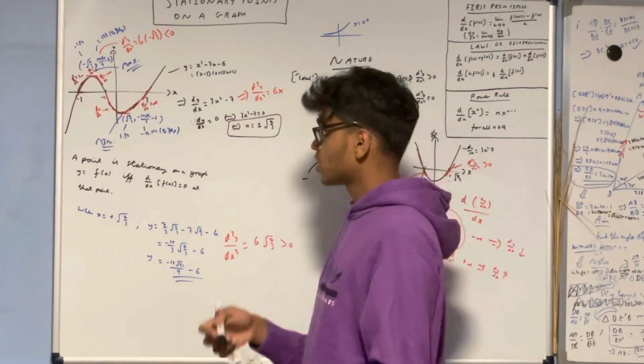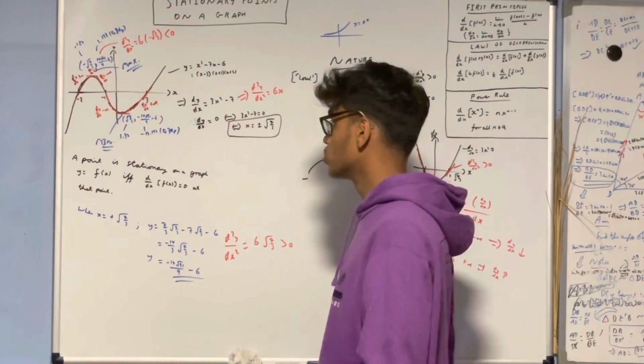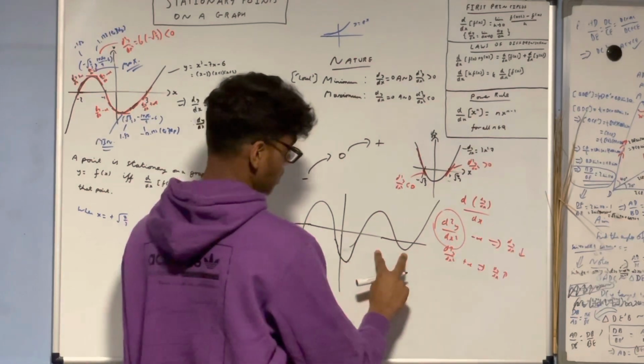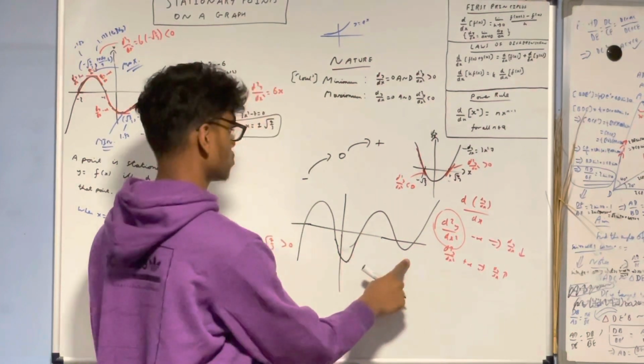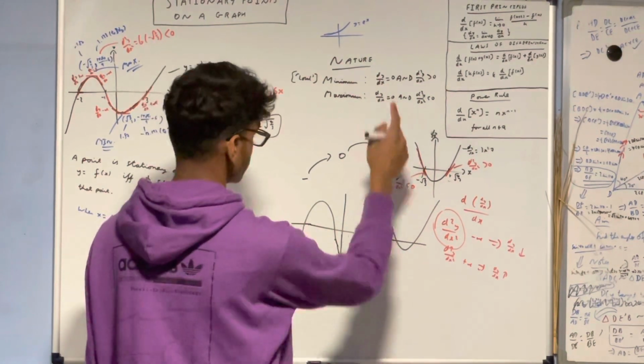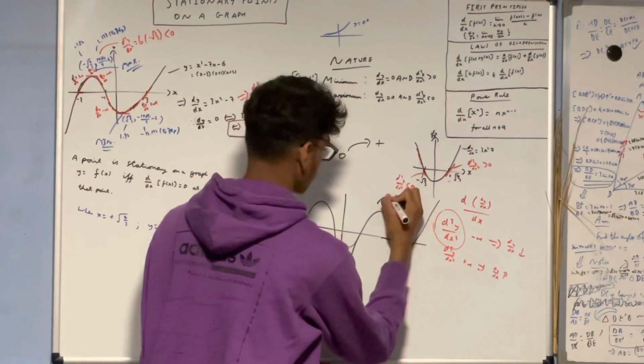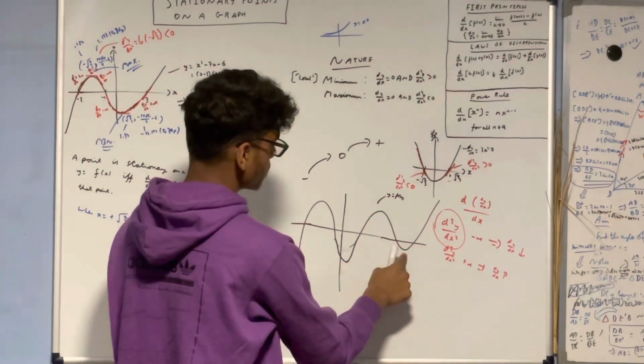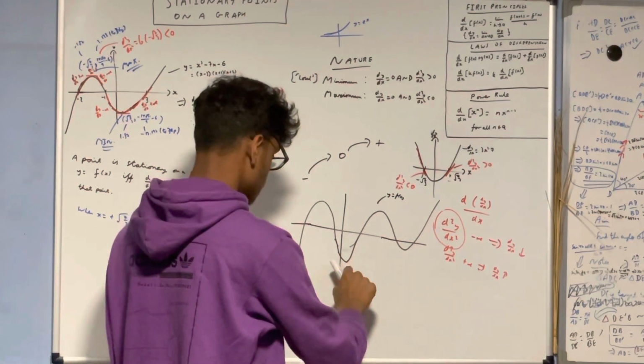And where this might come in more useful is, say I've got another graph. This is a minimum point, right? Because dy by dx is going to be equal to 0, and if you can work it out on this graph, y equals f of x, d squared y by dx squared is going to be greater than 0. But it's also true for this point here.